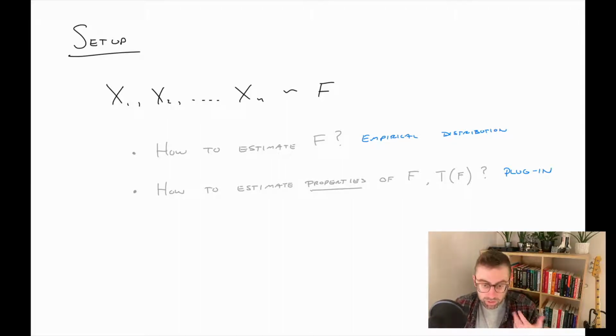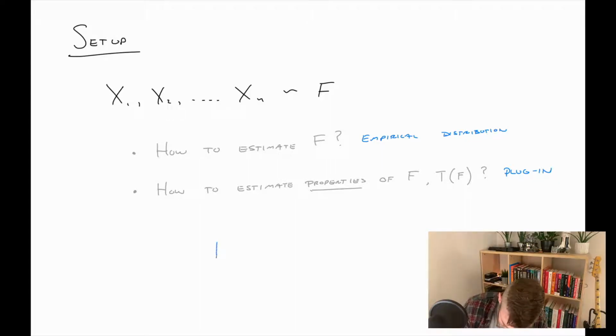Now, when we do that second step and derive an estimator for some property of a distribution, what we're ultimately creating there is a statistic. So I'm going to walk away from the plugin estimator now and just talk about a statistic in general.